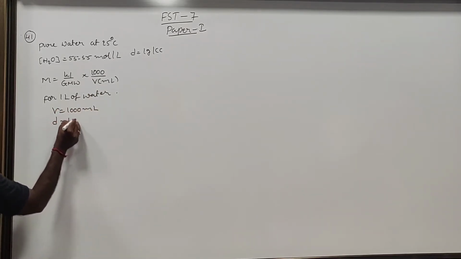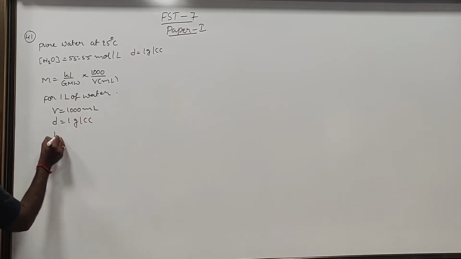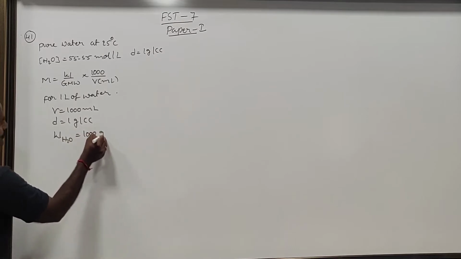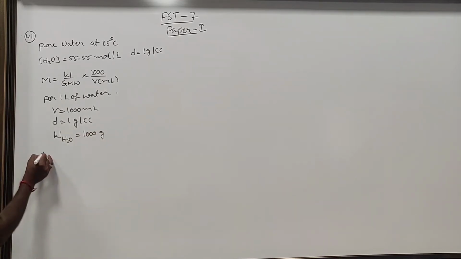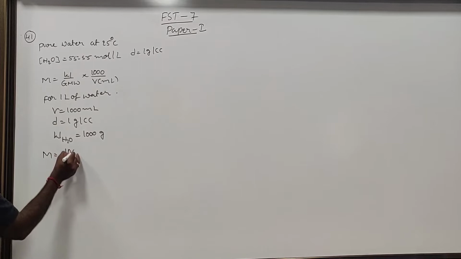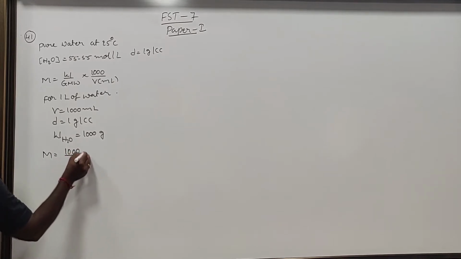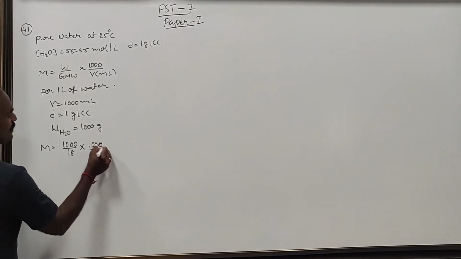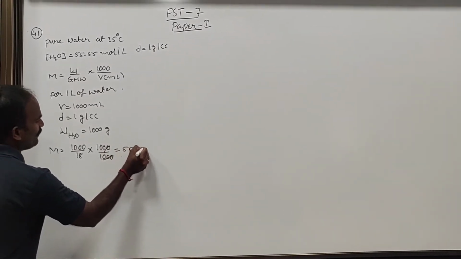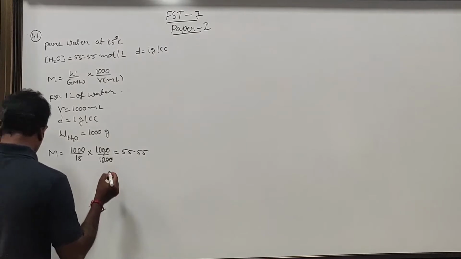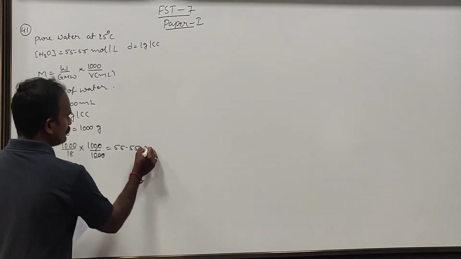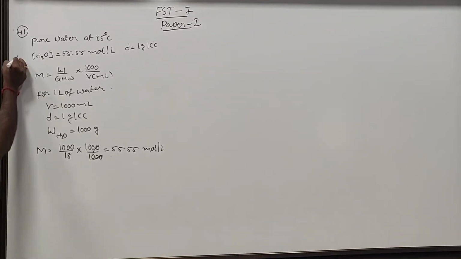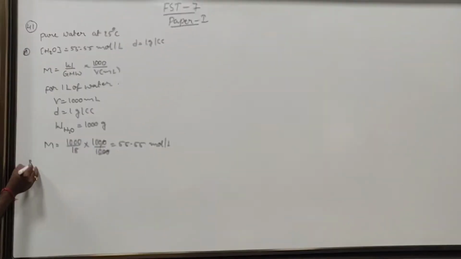Given that density is equal to 1 gram per cc, therefore weight of water is equal to 1000 grams. Now molarity is equal to 1000 divided by gram molecular weight 18 into 1000 divided by 1000. That is equal to 55.55 moles per liter. Hence that option is true. Option A. Option B.